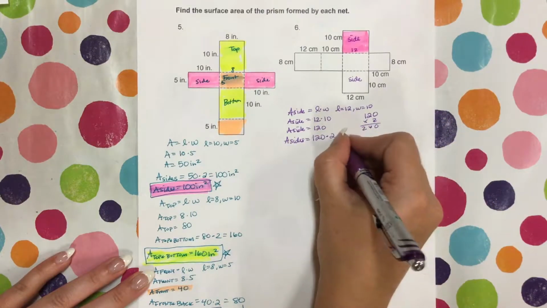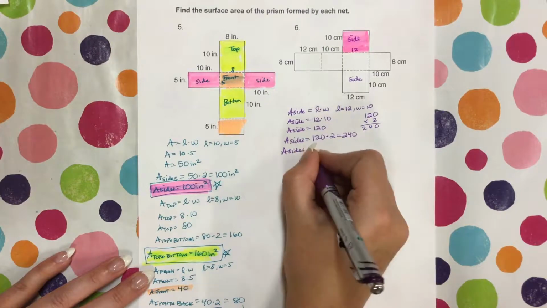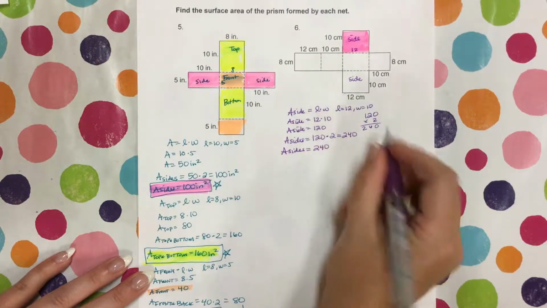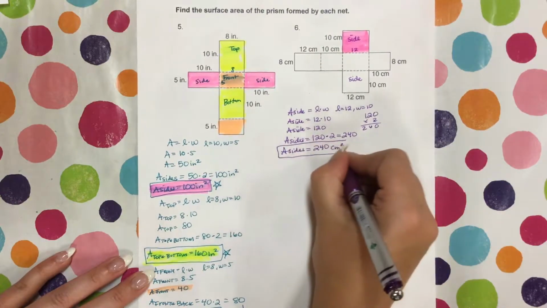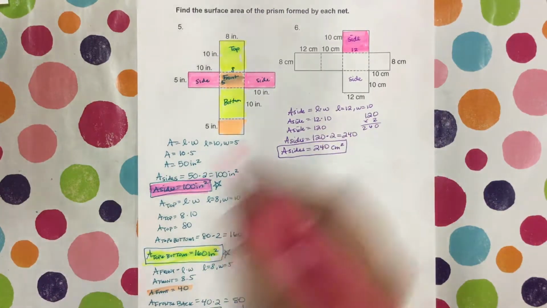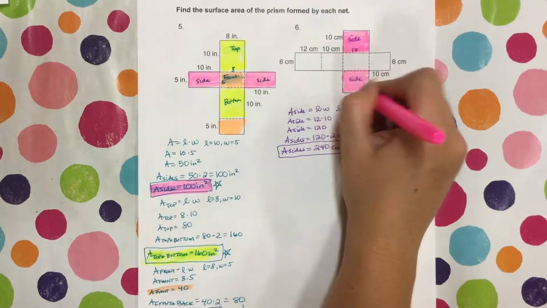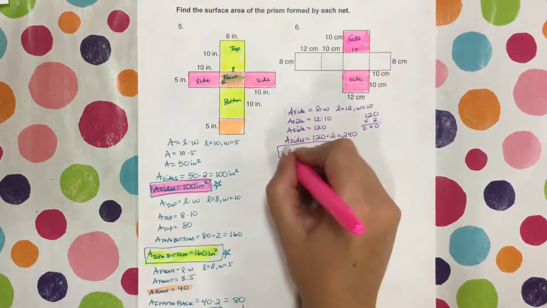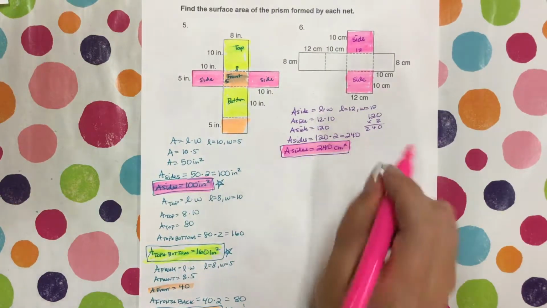That ends up being 240. So the area of the sides is equal to 240 centimeters squared. Area of both of the sides right here. So perfect. 240 centimeters squared.